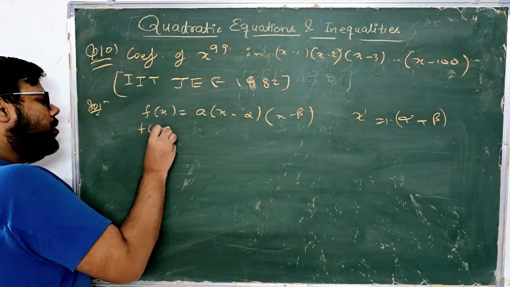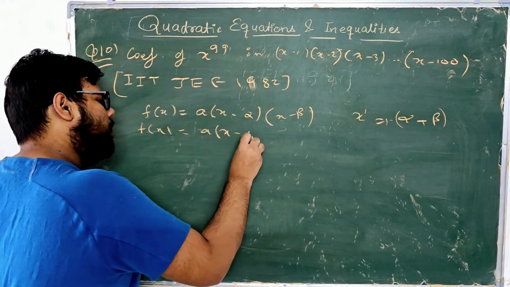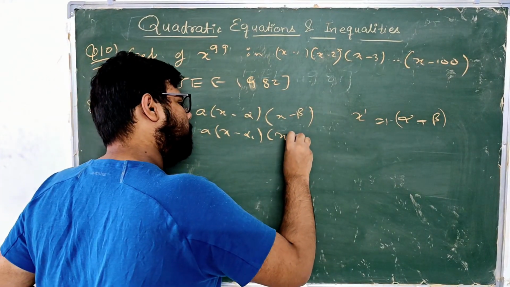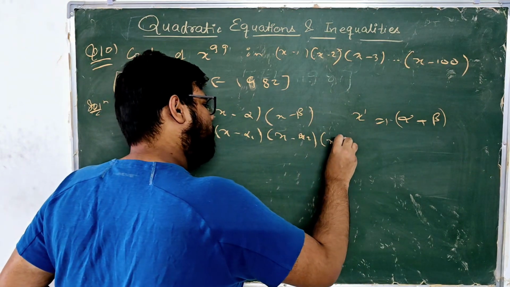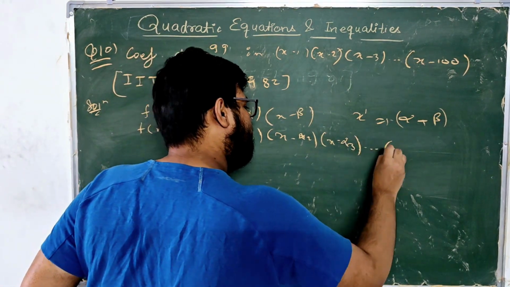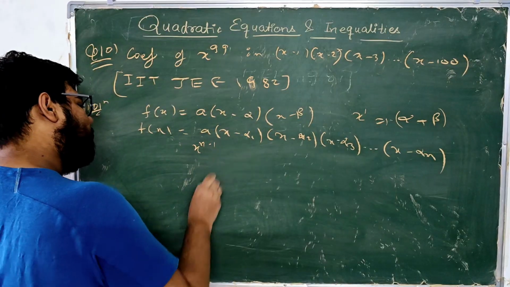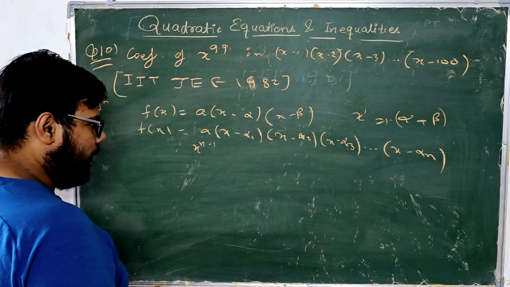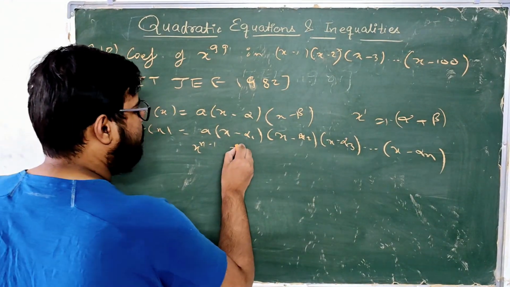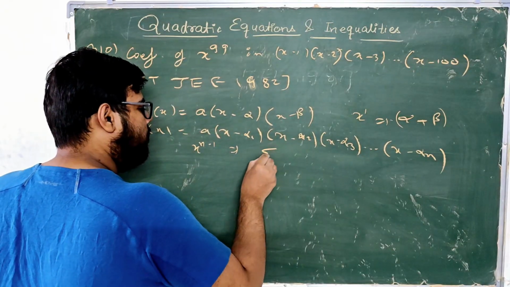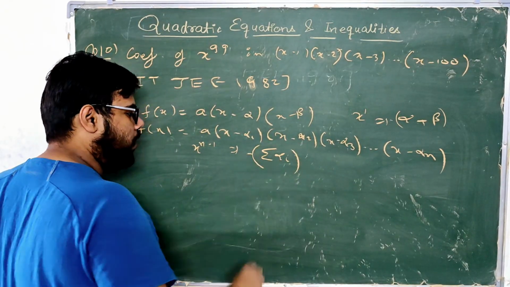If the function is (x minus alpha 1)(x minus alpha 2)(x minus alpha 3) and so on till (x minus alpha n), and if I ask you to find the coefficient of x raised to the power n minus 1, then you say it is simply the sum of all the roots with a negative sign.